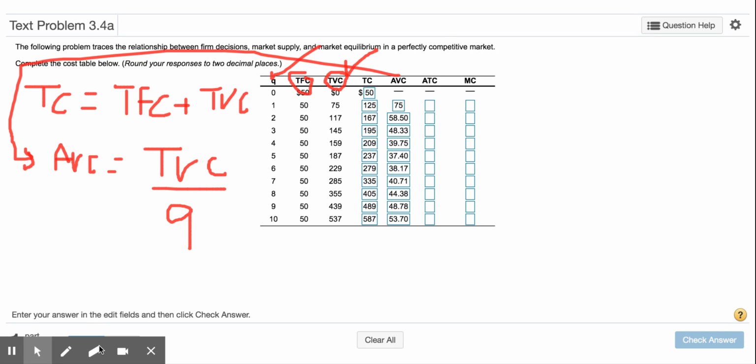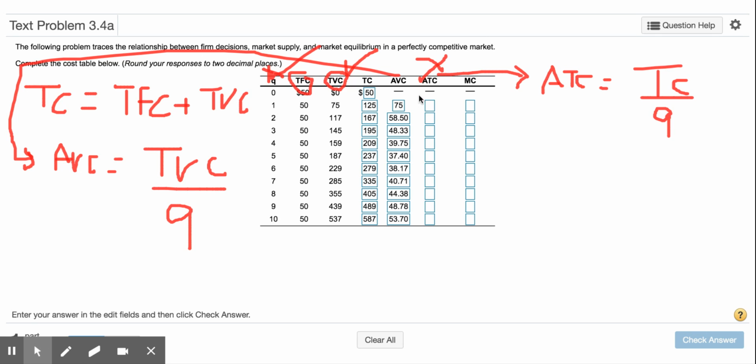Right. As for average total cost, it should be simply total cost divided by quantity of output.